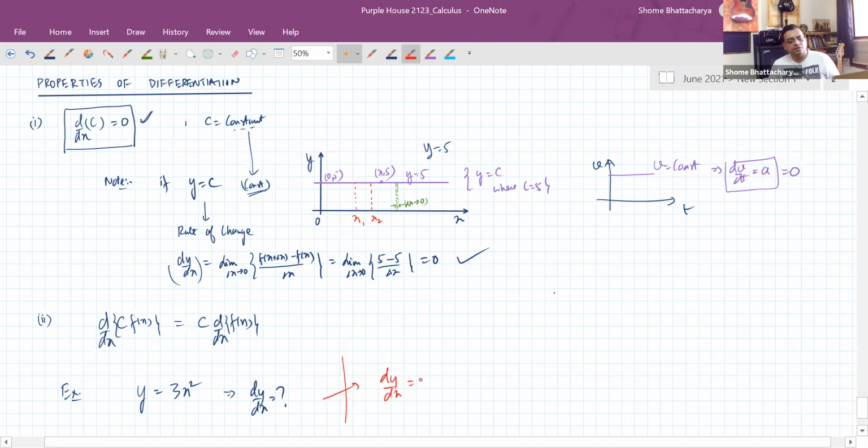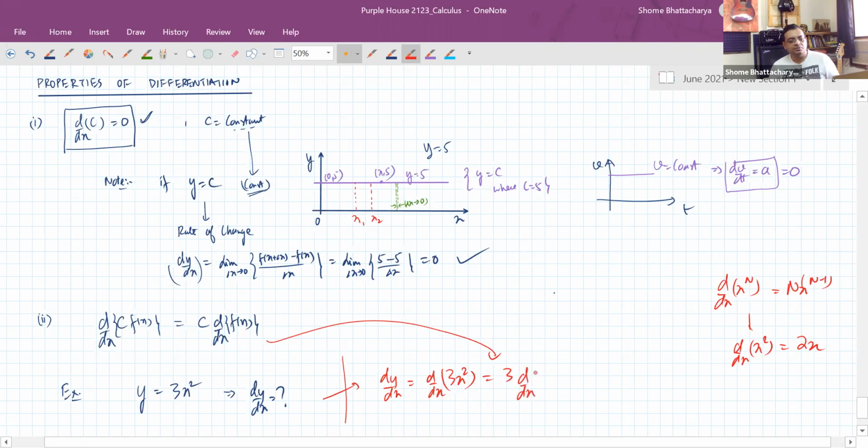dy by dx will become differentiation of 3x square. Now when I look at the quantity 3x square, 3 is a constant and then I multiplied it with the power of x. Now I know the formula that differentiation of x to the power n is equal to nx to the power n minus 1. So from this I know that differentiation of x square is equal to 2x. But there's also 3 multiplied. So I use this property over here. 3 is a constant, so I bring 3 outside the operation.